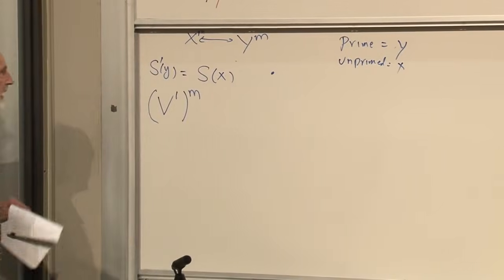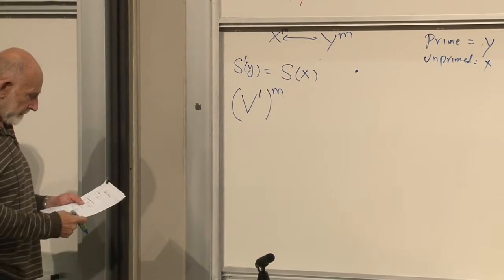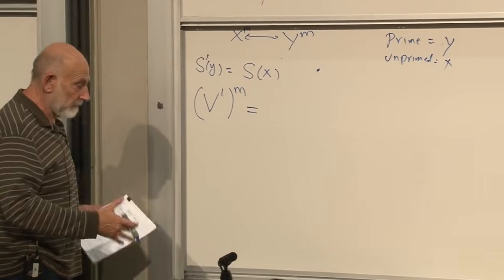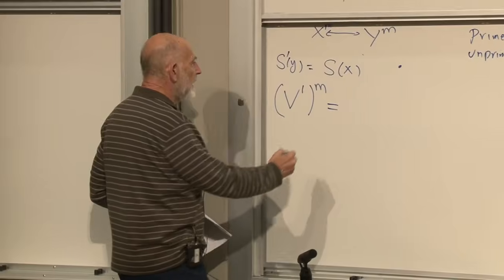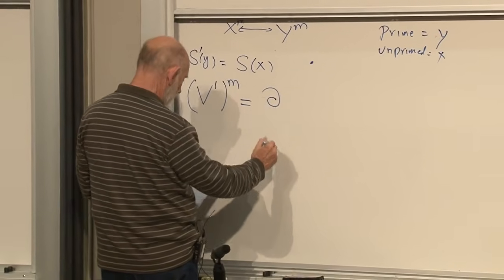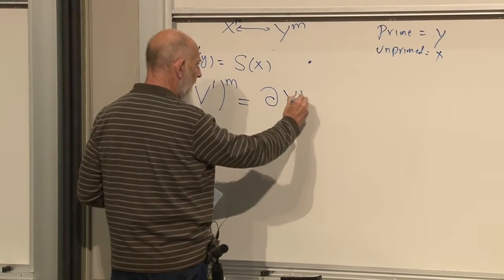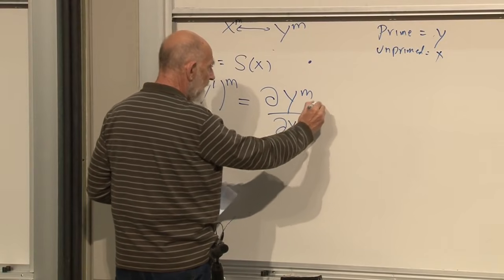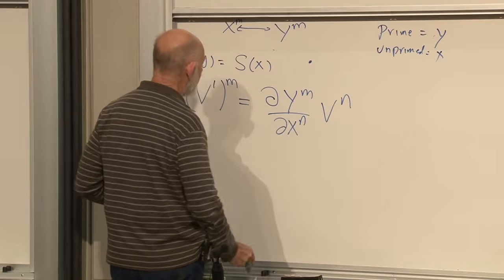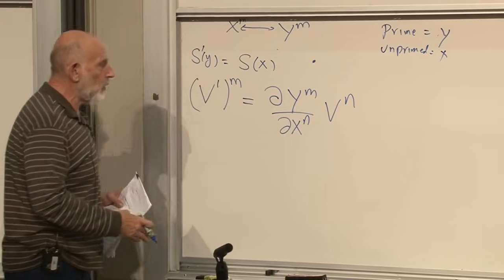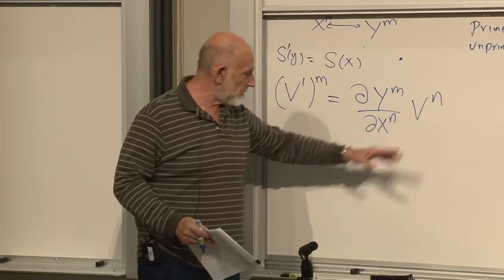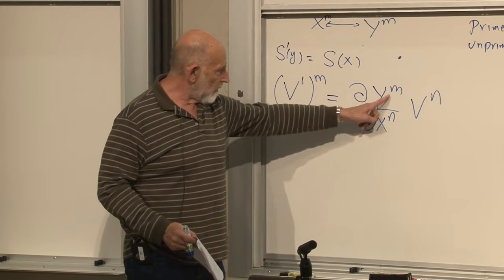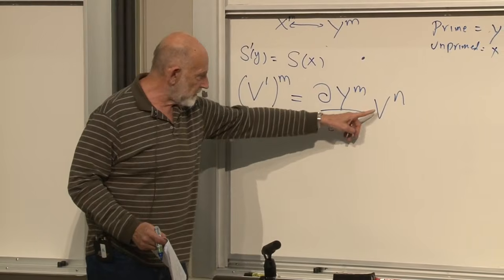All right, v in the primed coordinates, I'm basically reviewing what we said last time, is given in terms of the unprimed coordinates by dy^m/dx^n v^n. This is the object in the unprimed coordinates, in other words, the x coordinates, and it's gotten by multiplying by dy/dx times v.